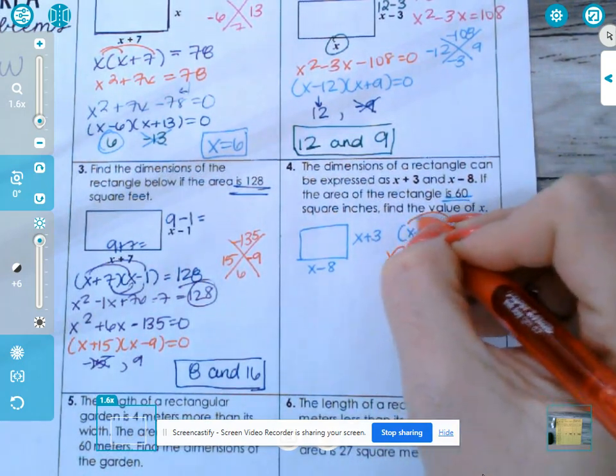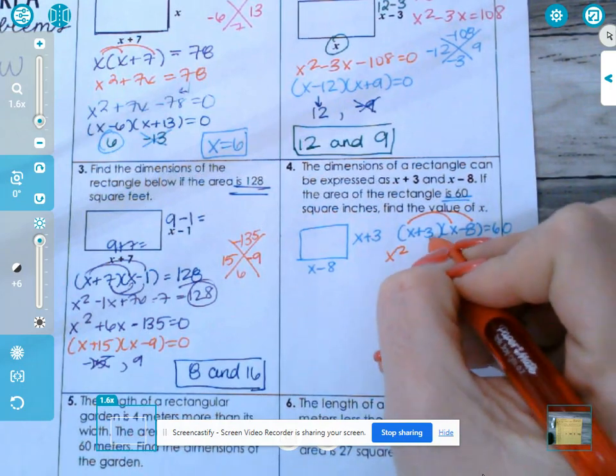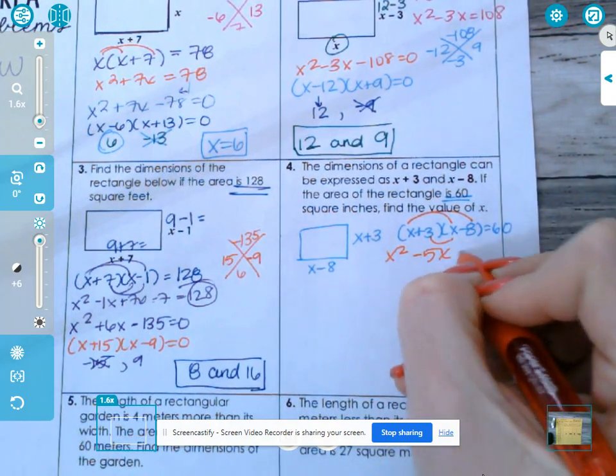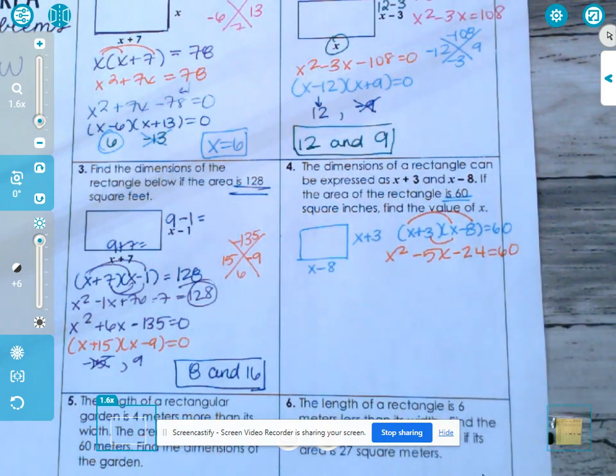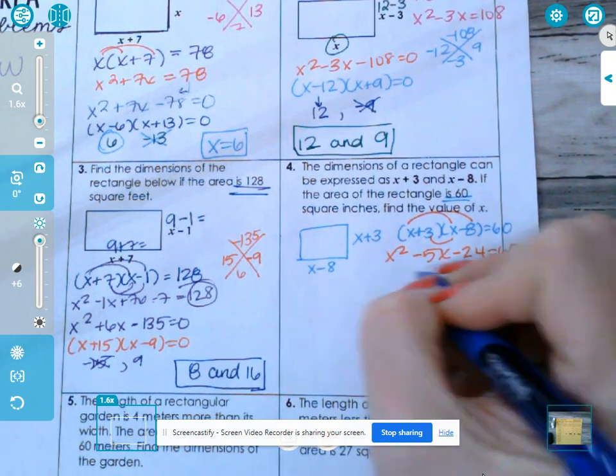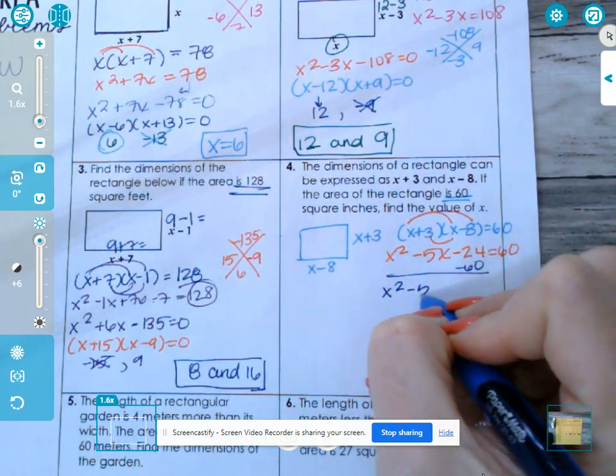Distributive property gives me x squared, and then I've got minus 8x and plus 3x, which gives me minus 5x minus 24 equals 60. Rearrange that, which means to pull that 60 over and subtract it.